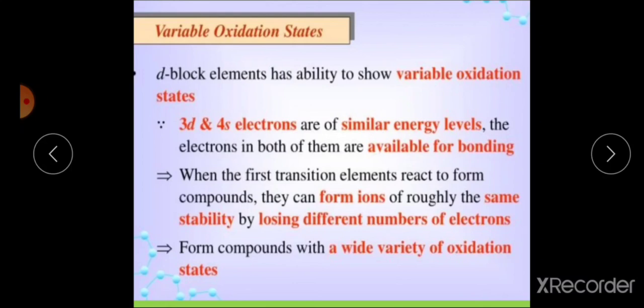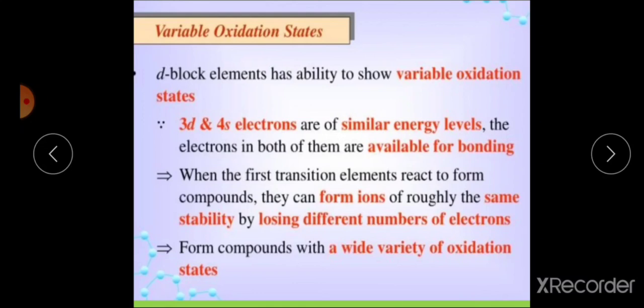Hence, the lowest oxidation state of these elements is +1 or +2, which is due to 4s electrons. The 3d electrons, one after another, take part in chemical bonding. Hence, in addition to +2, many oxidation states up to +7 are observed in the first transition series.